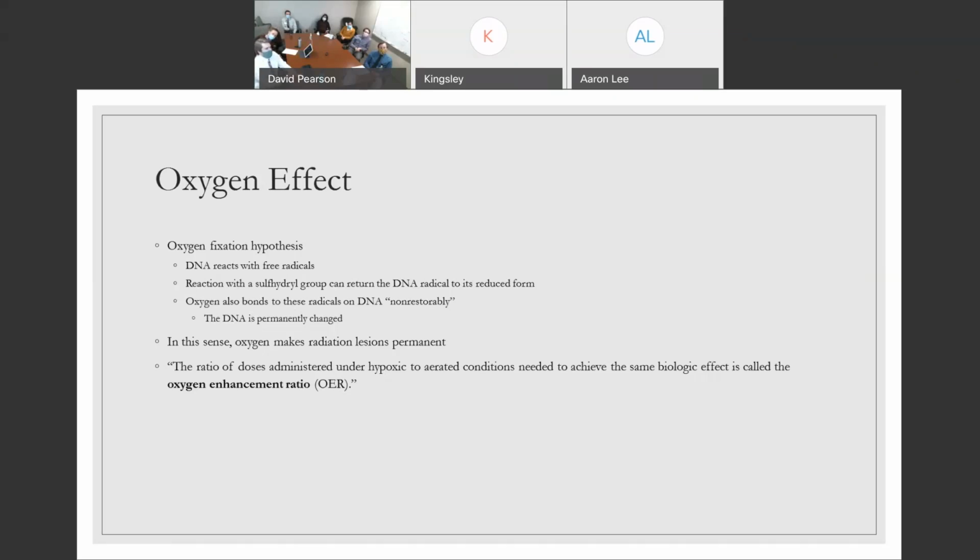Hall doesn't really discuss this at length, so I'm not sure what experiments they've done into this, other than the fact that oxygen making damage permanent, or affixing the damage to the DNA, is consistent with their statement that within microseconds there must be oxygen there, rather than being there as the radiation took place to create more radicals and hit the DNA.